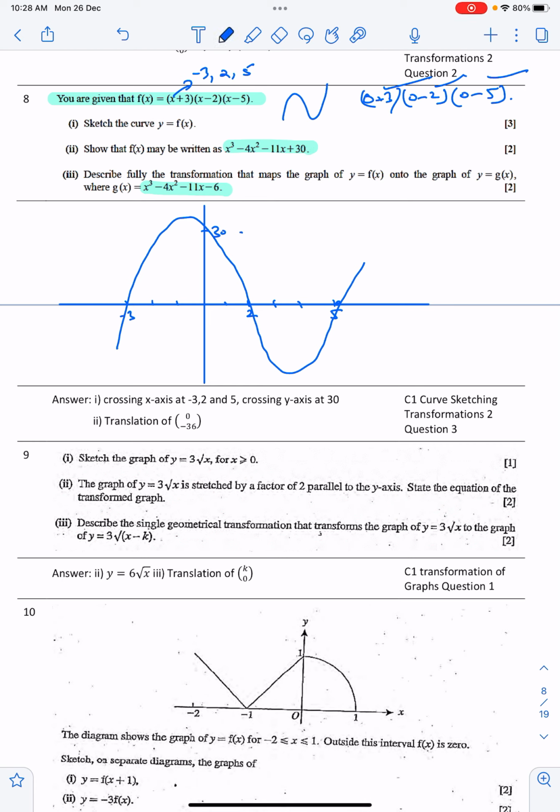That means the graph of g of x is actually the whole graph of f of x shifted, because if you subtract 36 from it, the resulting equation will be this. So you have to describe it in this case. Describe fully the transformation which maps. So you will say it's a translation by the vector (0, -36).